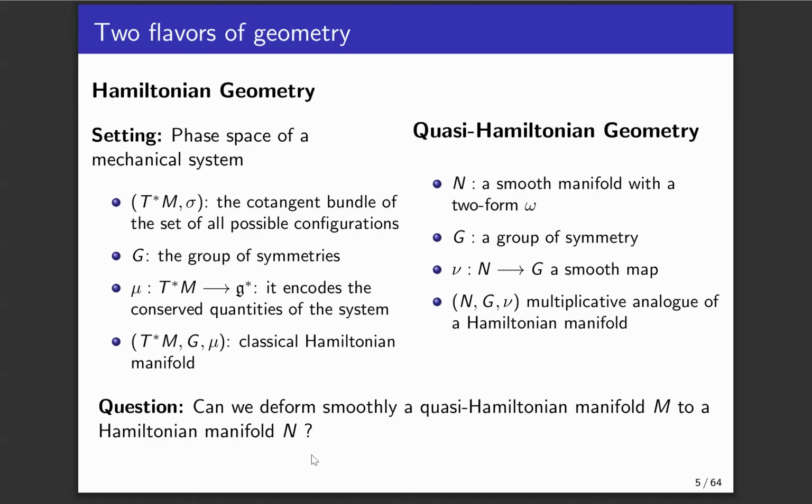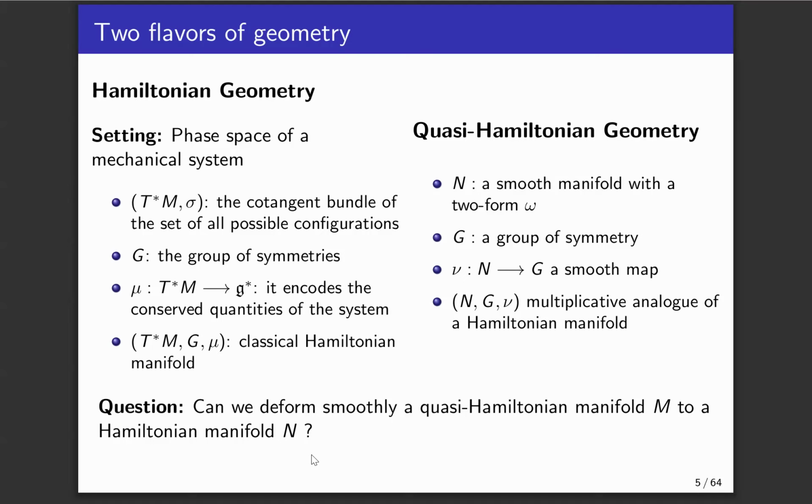When we take the double of a Lie group, which is a G times G quasi-Hamiltonian manifold, it deforms smoothly to the cotangent bundle of the Lie group. And when we take the conjugacy class in the Lie group itself, it deforms to the coadjoint orbit of some element X in the Lie algebra of the Lie group.